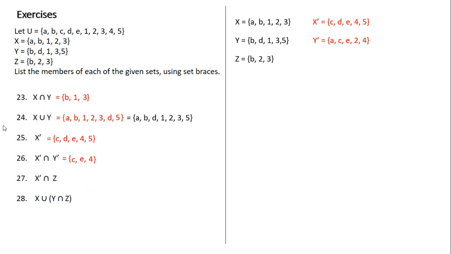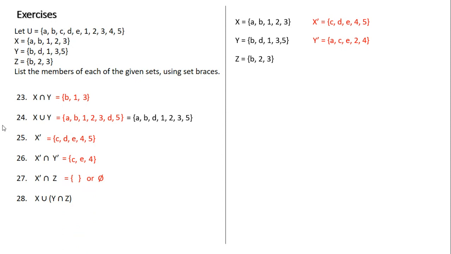So I only want to look at the values that are shared in both. Do I have any? No, there's nothing that X prime has that Z has. So this is the empty set. I don't put anything, I don't put 0. It's just two brackets with nothing in there. That's the empty set, or we could use the 0 with a slash, right?